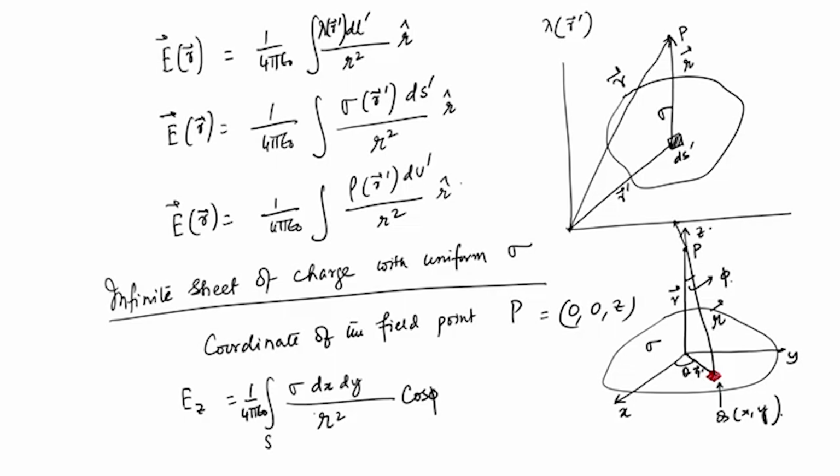If you look at the figure, cos phi is equal to z over r, because this angle is a right angle at the origin, and r square is equal to x square plus y square plus z square.